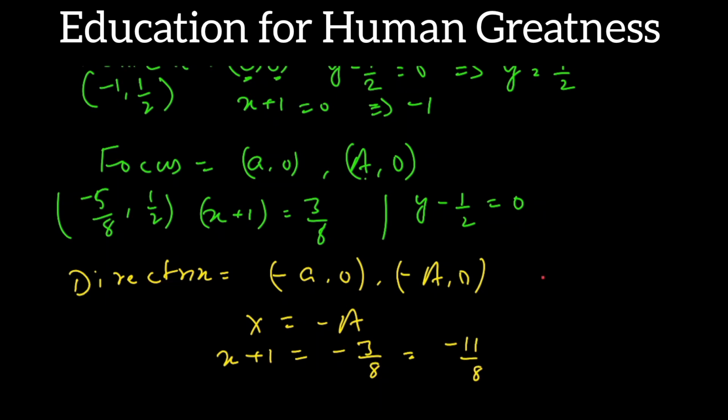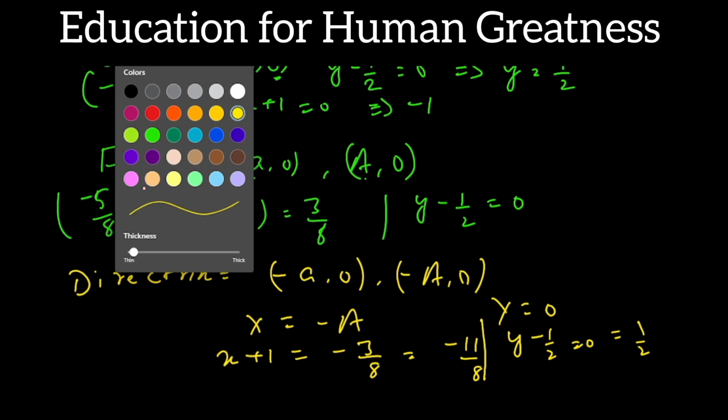And y is 0, and in this case y − 1/2 = 0, that means 1/2, right? Sorry, there is no y because we are talking about the directrix. It has only the equation x = −a, and −a is our x coordinate.